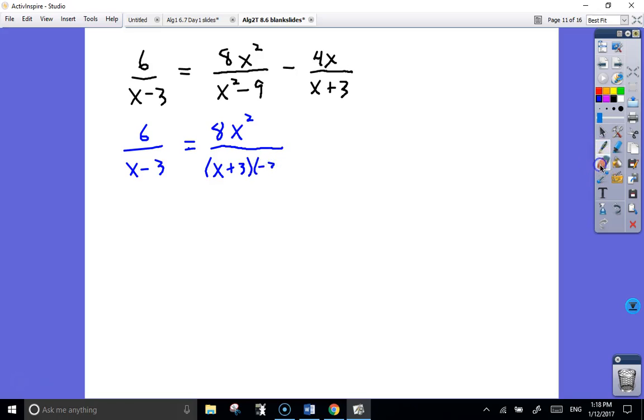That was wrong. And then we're going to go minus 4x divided by x plus 3. Okay, now what's the LCD for these two terms right here? Yeah, x plus 3 times x minus 3.